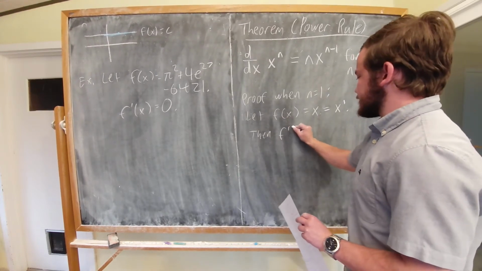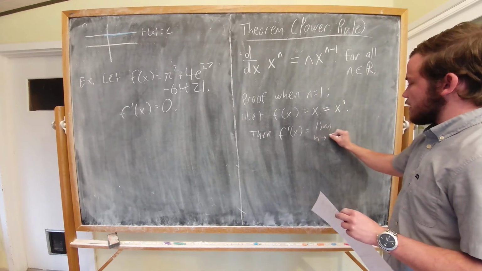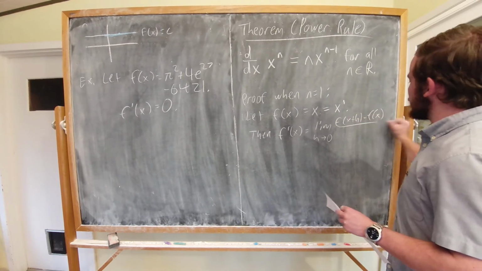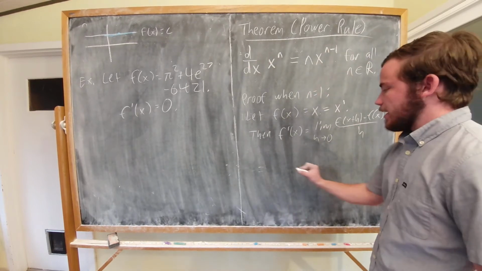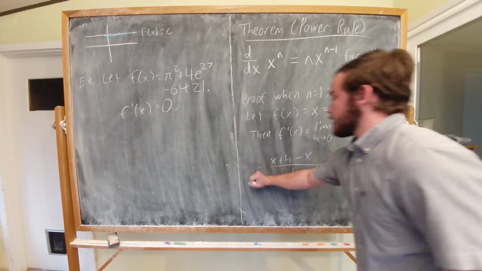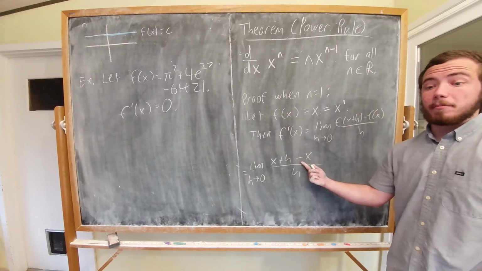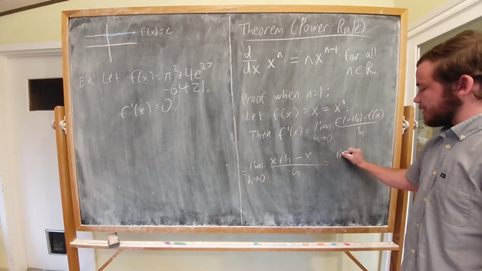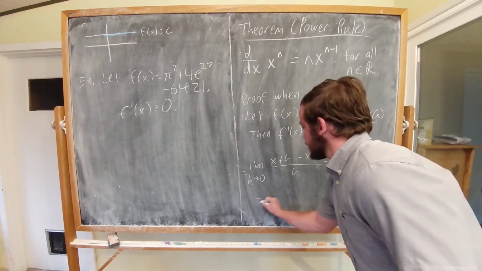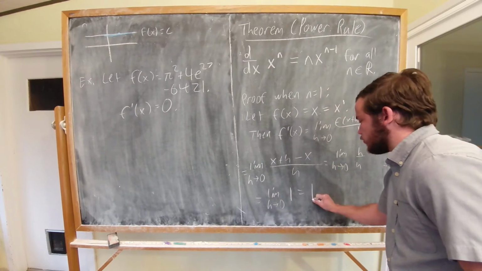Then, f prime of x is the limit as h goes to 0 of f of x plus h minus f of x over h, which is equal to the limit as h goes to 0 of x plus h minus x over h, which is the limit as h goes to 0 of h over h, limit as h goes to 0 of 1, which is just 1.